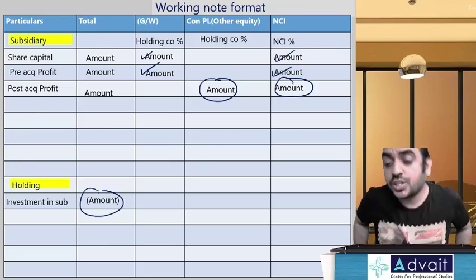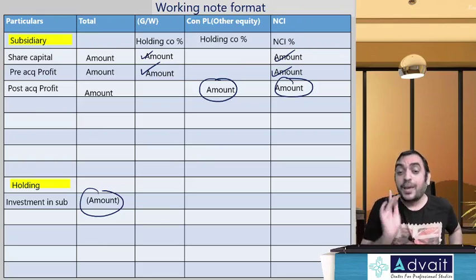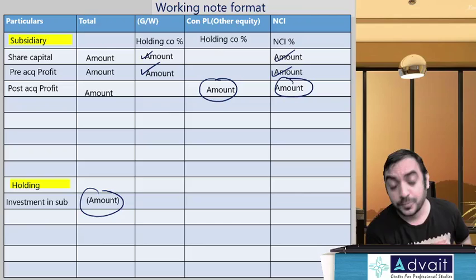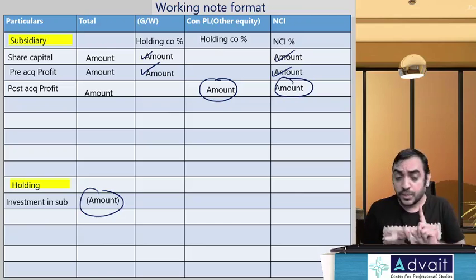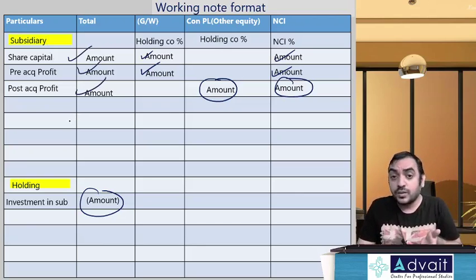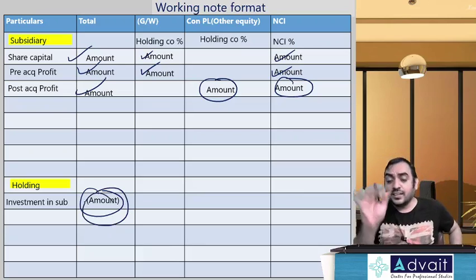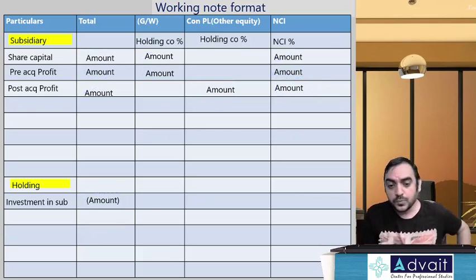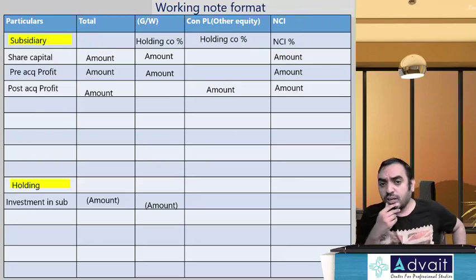Please pay attention towards the symbols, mathematical part, not conceptual, mathematical. Investment amount I am writing within brackets, minus number. Why minus number? Because share capital, pre-acquisition profit, post-acquisition profit are liability side items. I'm keeping them in positive numbers. I want to set off with assets. So asset element, I'm writing it in negative number. And that amount I will transfer to goodwill column because I'm setting off with net assets calculation.